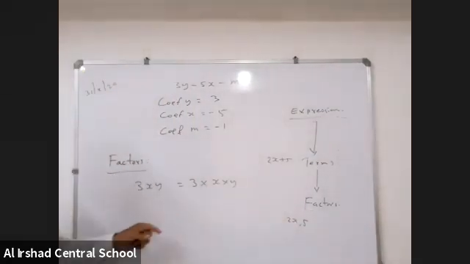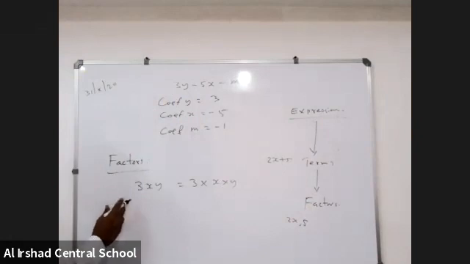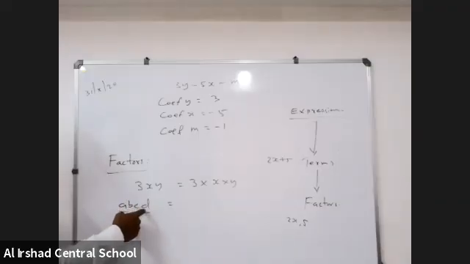Here look, 3 into x, y, or half A, B, C, D, you can say a, b, c, d by 2. Tell me the factors for this one. Can I say A, B, C, D and half?